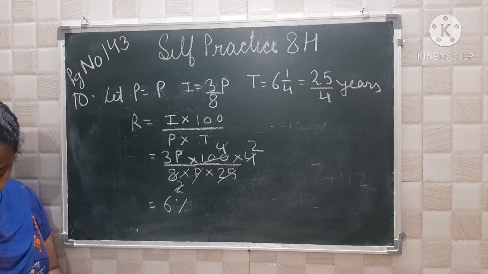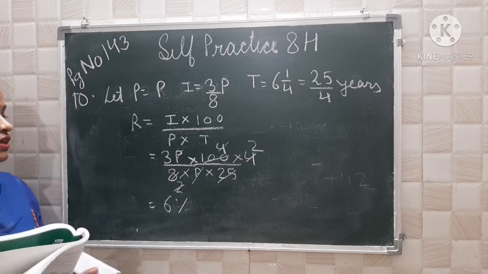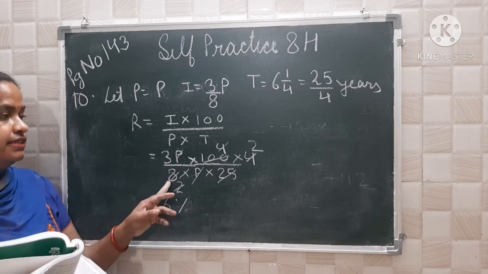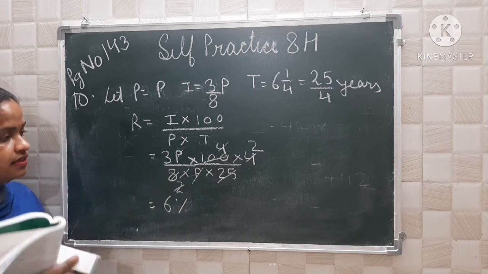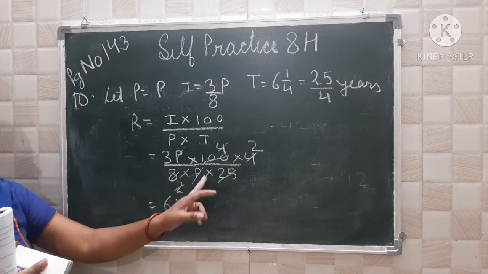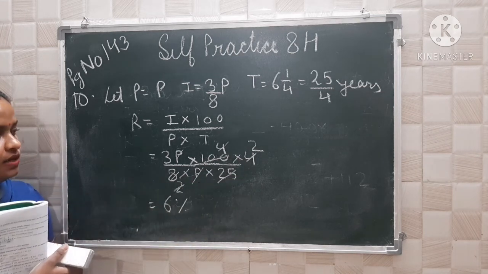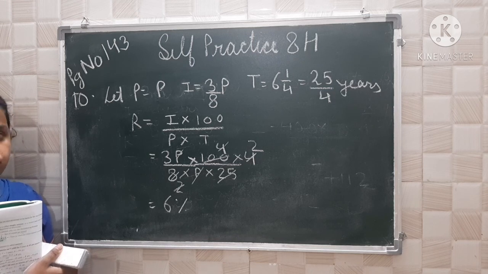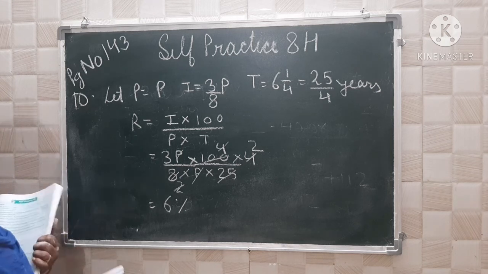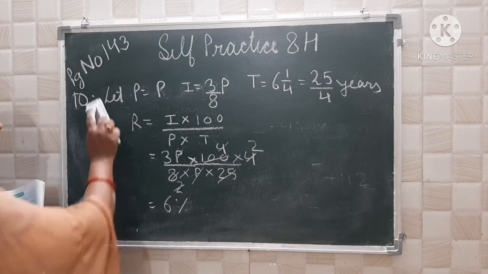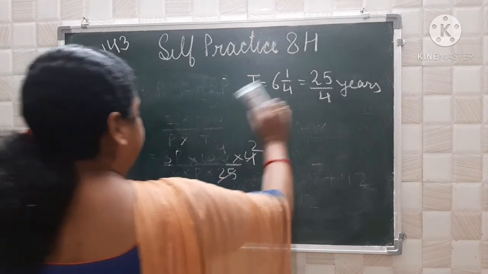I into 100 and P into T, 3P by 8 into 100 into 4 upon time is given as 25 by 4. So this came here into P. P cancel out. 25 4s are 100, 4 2s are 8 and 2 2s are 4. So 3 2s are 6%. So here what will be the rate of interest? 6%. Now come to question number 11.